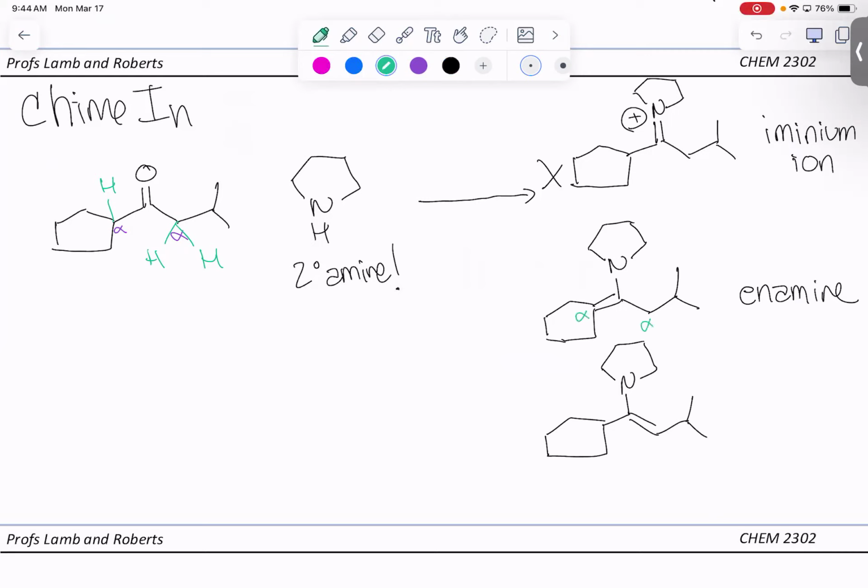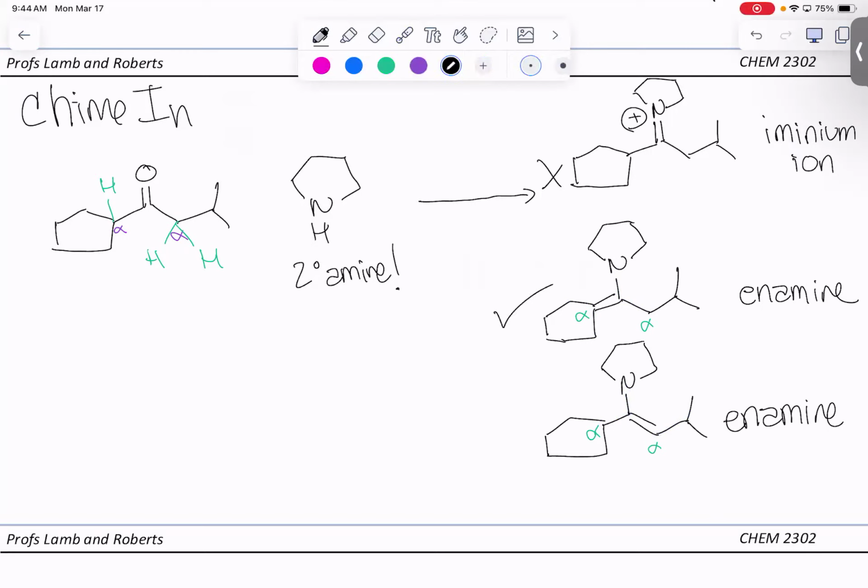Here's alpha. All right. And we look at our starting materials. This is also an enamine, but Zaitsev's rule tells us that we need the most substituted carbon for our alkene. So we have 1, 2, 3, 4 groups, a tetrasubstituted alkene versus 1, 2, 3 groups for a trisubstituted alkene. All right.